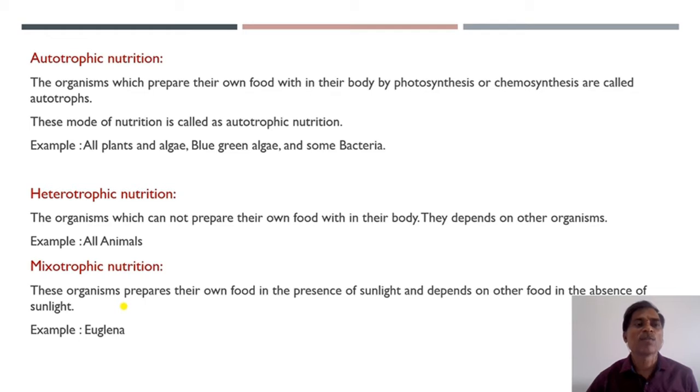It has some pigments in its cytoplasm called chromatophores. They prepare food from carbon dioxide and water when sunlight is available. When sunlight is unavailable, Euglena also eats other microorganisms. So this is mixotrophic nutrition.